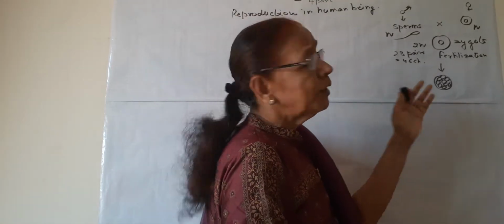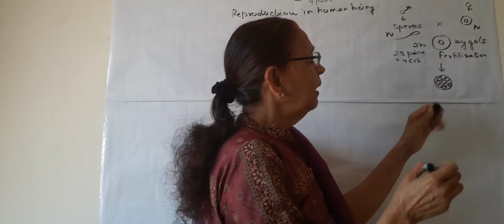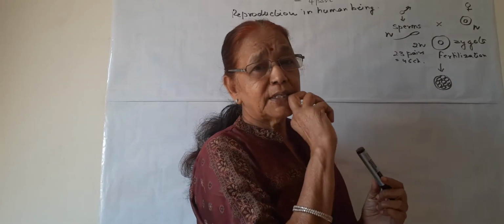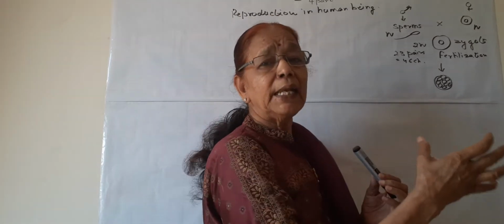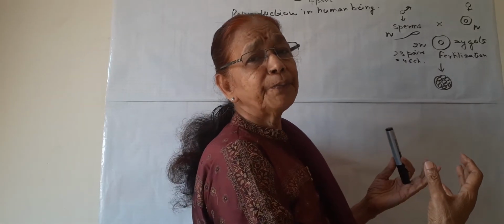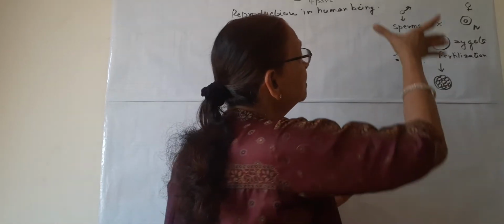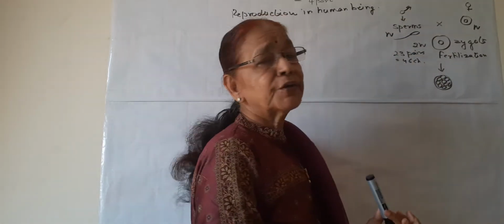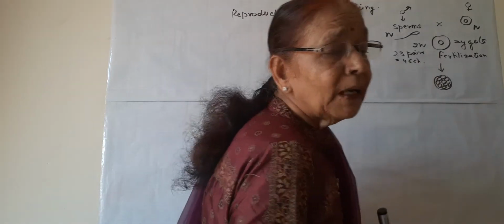It comes to the uterus, implants itself in the uterine wall, and the fetus starts developing. After 9 months, a lady or a female parent gives birth to the child. So this is how sexual reproduction takes place in human beings in brief.